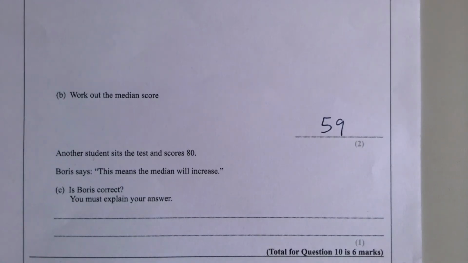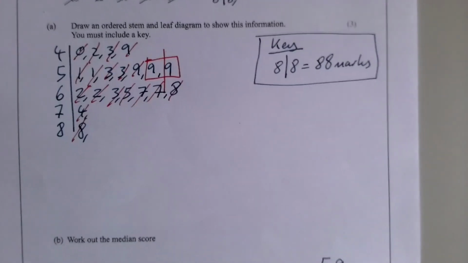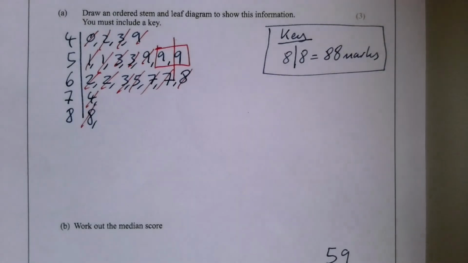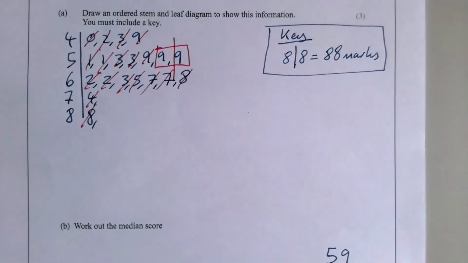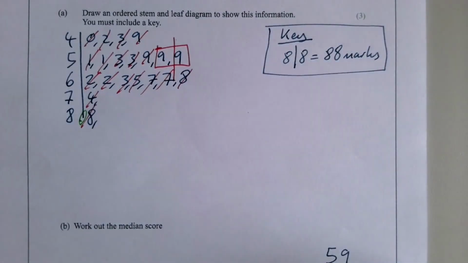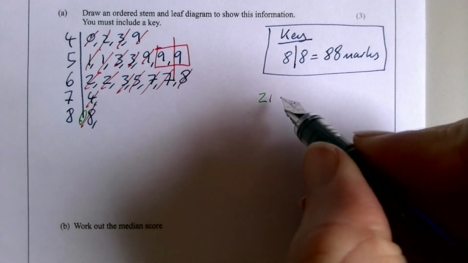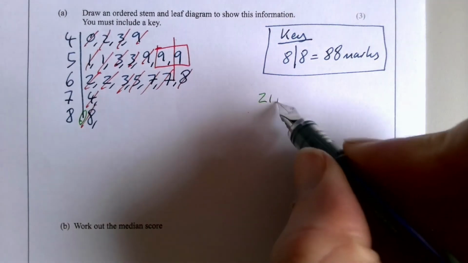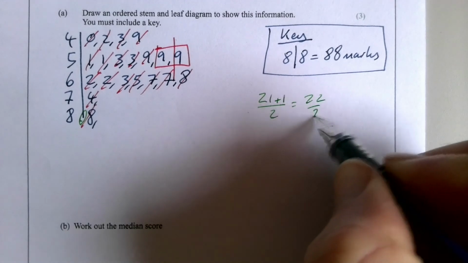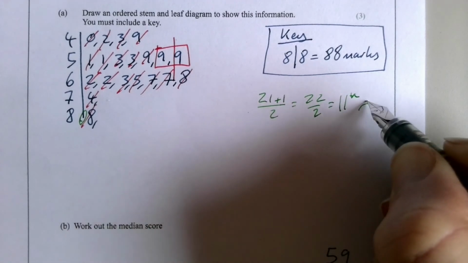Well, pause the video, have a think about it. Now, I would go back here, and we've just been told that he's scored 80. So if we were to stick an 80 in there, that would mean we've now got 21 results, and 21 plus 1 over 2 is 22 divided by 2, which is the 11th result.